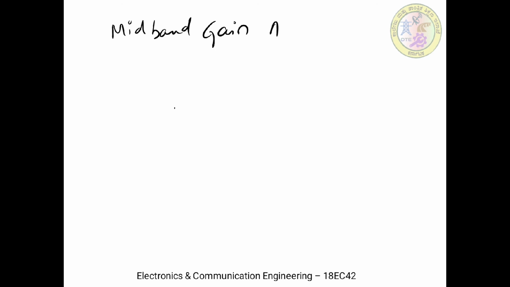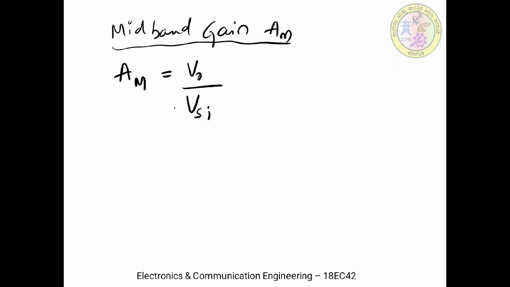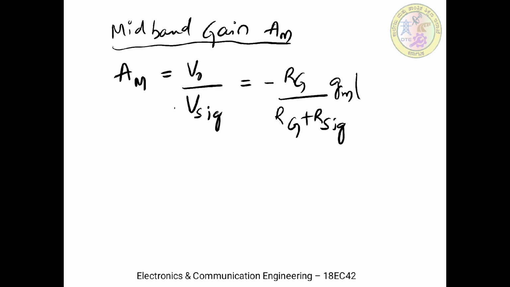AM is equal to V0 by VSIG, that is equal to minus RG by RG plus RSIG into gm into r0 parallel to RD parallel to RL. So this is from equation 1.